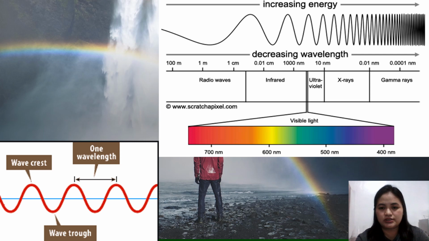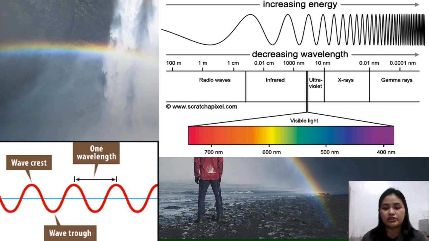Notice the arrows. It says here, from left to right, the energy is increasing. In this, we refer to the energy as the energy coming from the sun, the heat and light energy. So from red to violet, the energy is increasing.